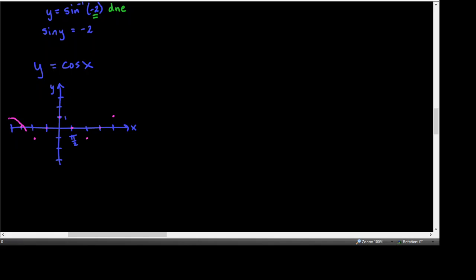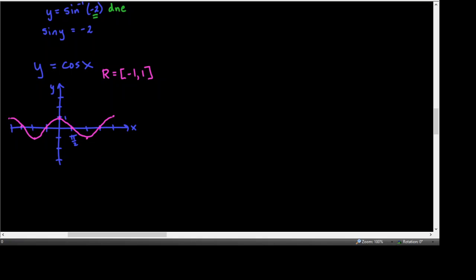This function, of course, is not 1 to 1 because it fails the horizontal line test miserably. And so we're going to have to restrict the domain using those 3 rules. So we're going to keep the entire range. So the first thing I do is make sure I know what that range is that I'm keeping. It's -1 to 1. And now we have to make a decision about our domain restriction.